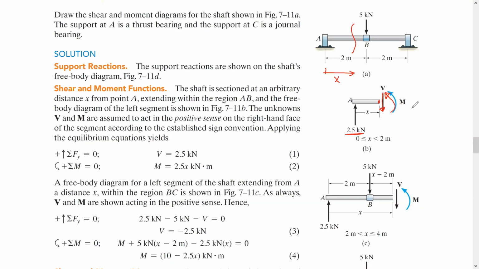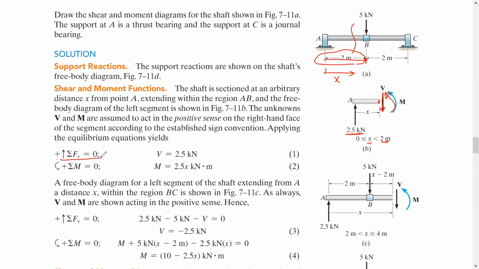Right now, this cross section X is from 0 to 2, and these equations will be valid in this range, from 0 to x equal 2 meters. So right now, summation of FY is equal 0.